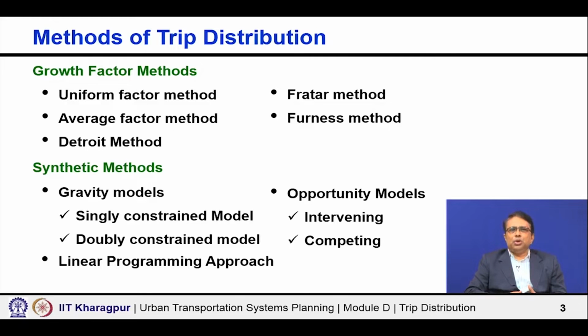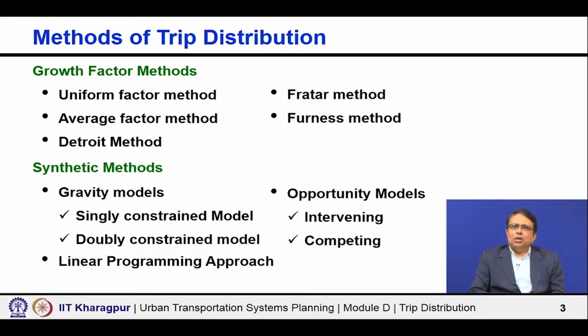In fact, gravity model is not just one model. Many models have been developed by researchers over several decades, which may all be called gravity models, so it is a category of model. Again, opportunity model is a category of model. Within that we have intervening opportunity, competing opportunity and so on.